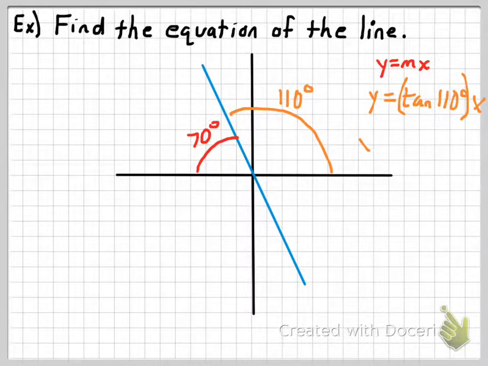And then typically what you'll do is you'll change the gradient to a decimal and round it to 3 significant figures, which would give us here y is equal to negative 2.75x. Which makes sense, right? This is definitely a negatively sloped line, and you can see the tangent then gave us the correct sign. That's how you write the equation of a line that passes through the origin using angles.